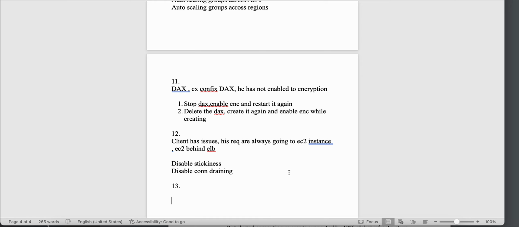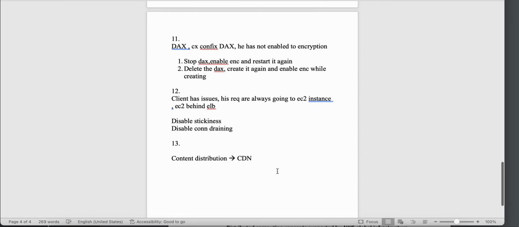So one thing is there are a lot of questions on CloudFront and Global Accelerator. When you are concerned about content distribution, the first thing that should come to mind is CDN, so CloudFront is the best combination. Now sometimes AWS Global Accelerator is also given in the options, because this also improves the performance of applications for global users.